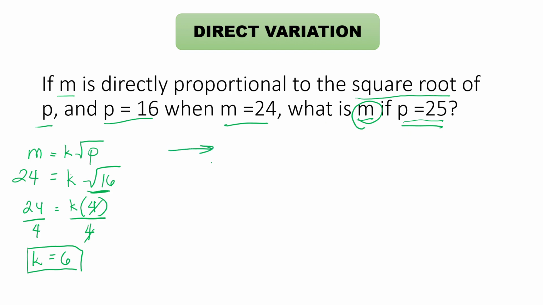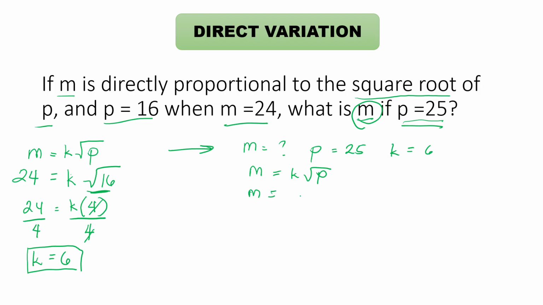So based on the general equation, we will use these values to identify the value of m. So m is unknown, and then p is 25. And remember, the value of k here is 6. We will substitute it to the general equation, m equals k square root of p.